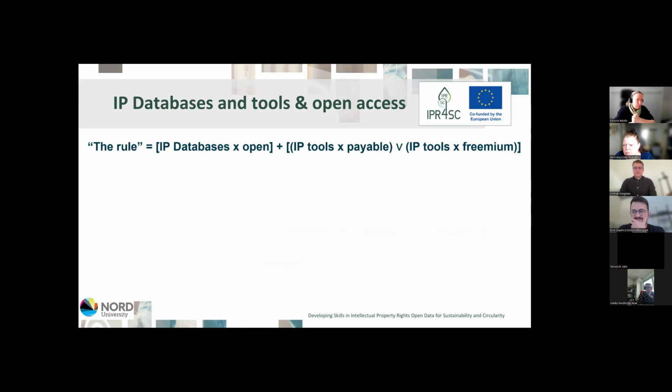But as a general rule, a lot of IP databases are open, right? They're open because patent offices and other IP offices often have a mandate to collect, but also make publicly available this type of data, right?